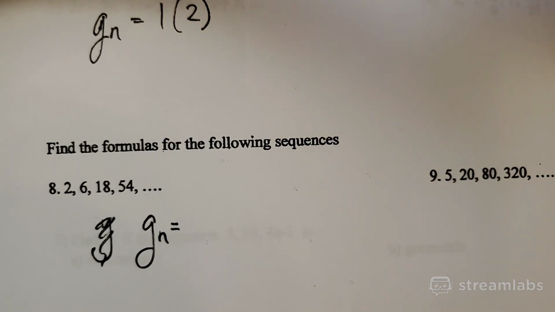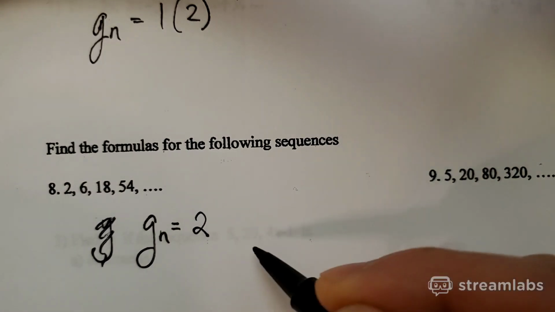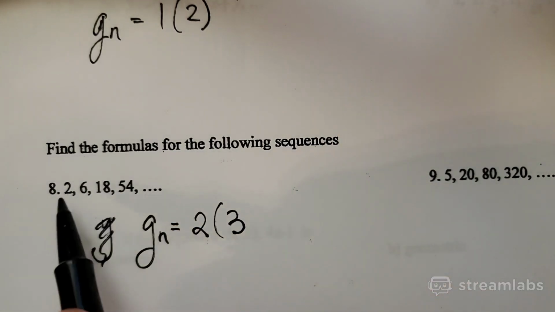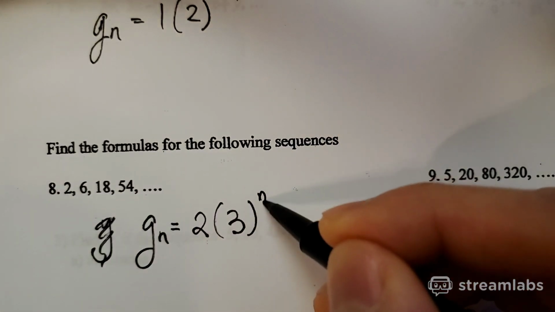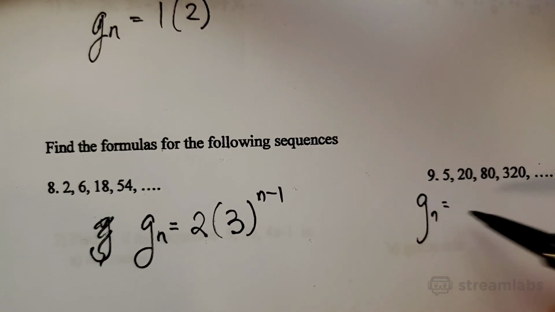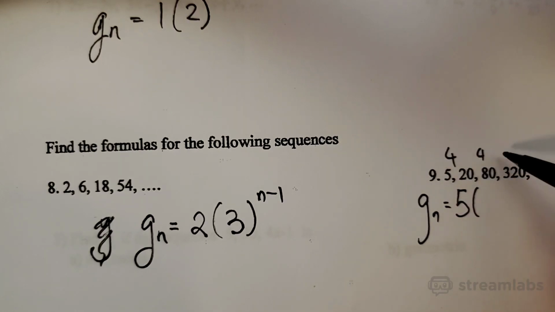So g of n is equal to first term 2 times 3, the common ratio we call it, to the n minus 1 power. It's the multiple, right? Similarly, this one would be what? You start with 5 times, what are you multiplying by here? 4, right? 4 to the n minus 1, okay?